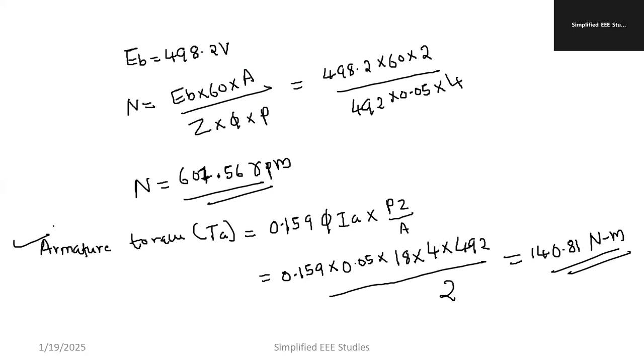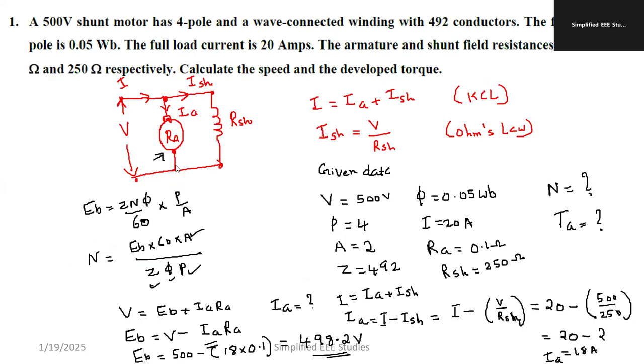In this video, I discussed a numerical example that connects with all the concepts of the DC shunt motor. What is a DC shunt motor? How is it connected? What is the relation between total current, armature current, and shunt field current? We identified how to calculate the shunt field current. Later, we discussed how to calculate the back EMF using the general formula, from which you can calculate the unknown parameters.